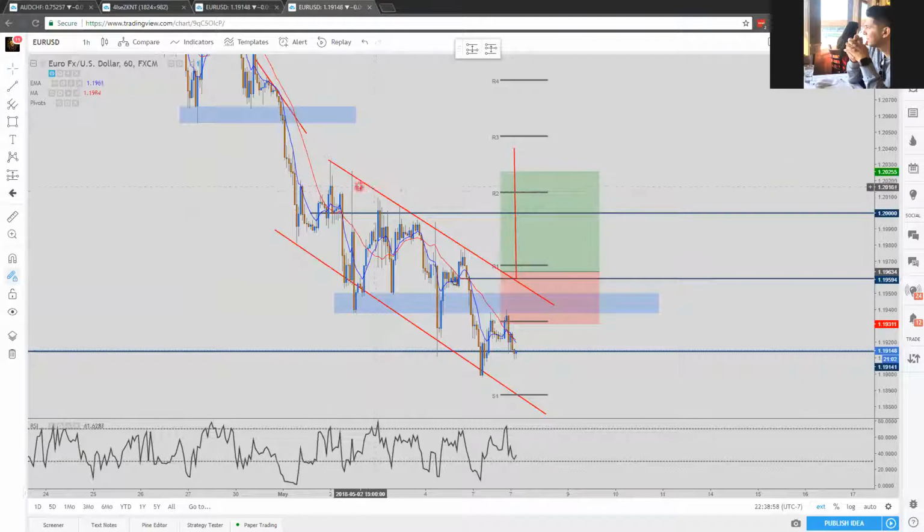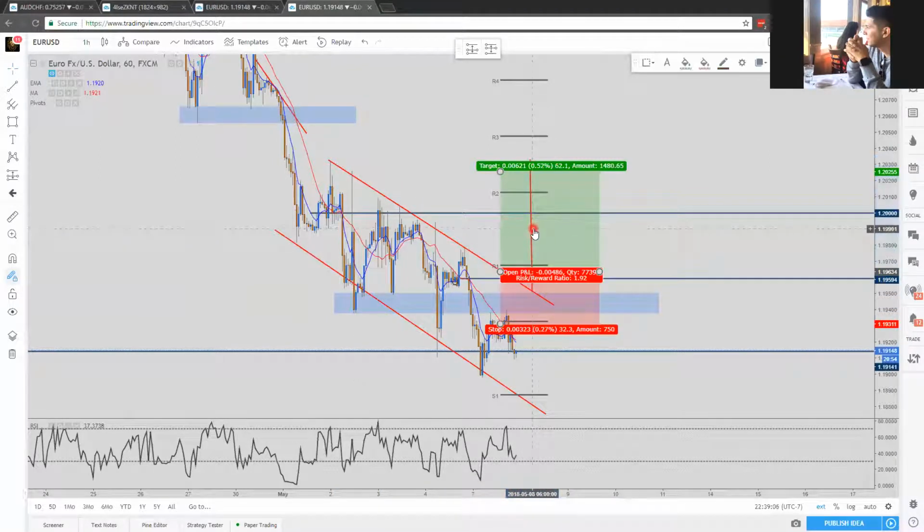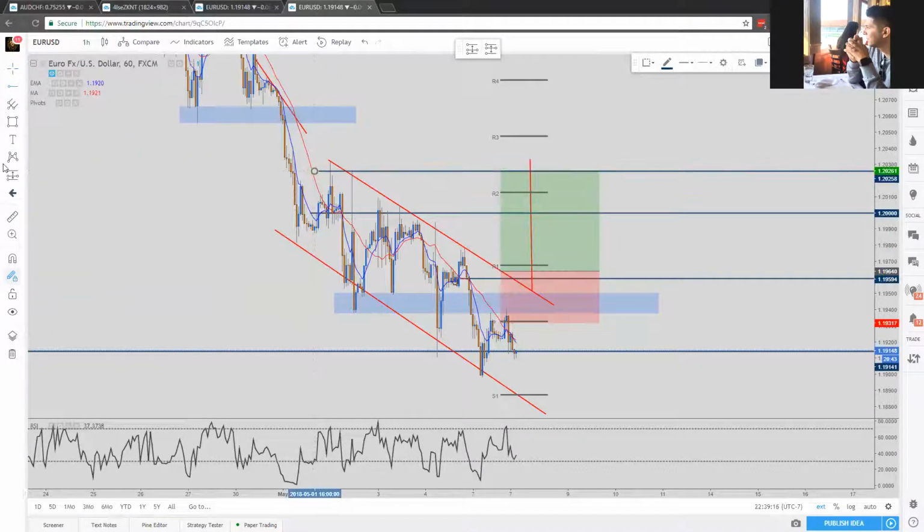The way that I got that was the distance from here to here is normally about the distance it should go when it breaks. It could go a little higher, but I put take profit around this area, where it's like the point of failure areas. You can see it's right where the take profit is set.